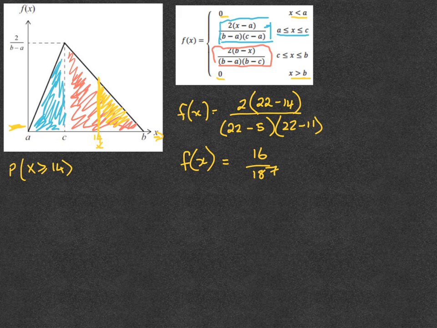So that there, if we were to draw a line there, that's what we're looking for, is that area in there that I've just coloured in yellow. Okay, what that's telling us is that the height of the triangle at that point x, where x equals 14, is 16 over 187. And we know that the area of a triangle is equal to half times base times height.